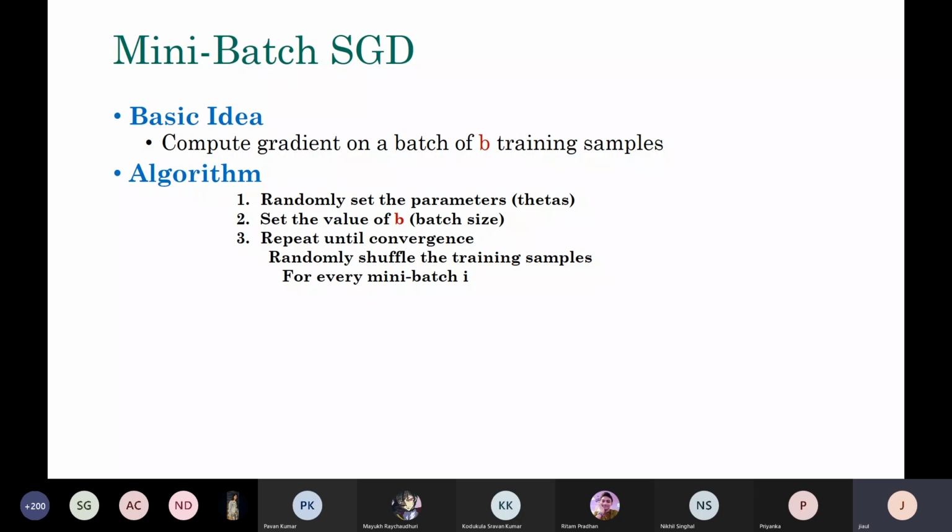And for every mini batch I, of batch size B, you compute the error function EI on the mini batch, then apply the same update rule, only that your mini batch is driving your direction. And you are done.